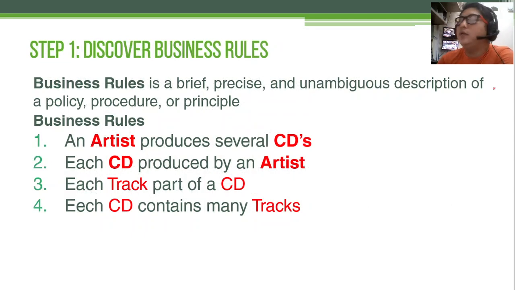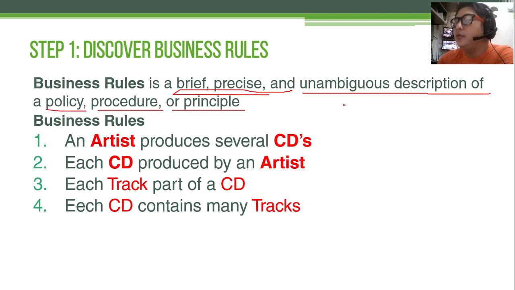Okay, step 1, business rules. Remember, a business rule is a brief, precise, and unambiguous description of a policy, procedure, or principle. From that particular problem statement, we can easily extract the following business rules.